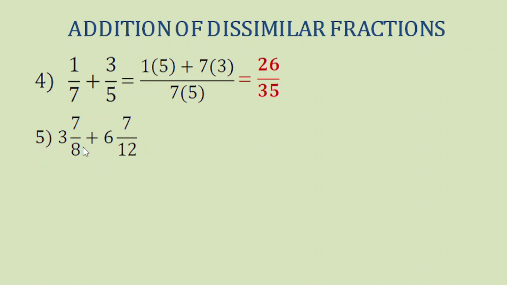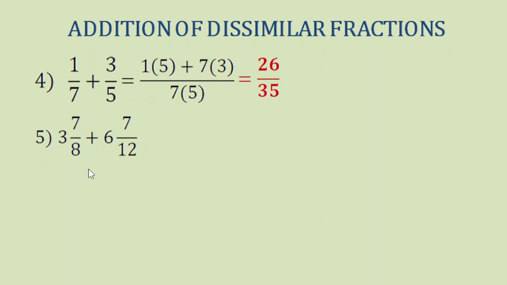Now how about item number 5, 3 and 7 over 8 plus 6 and 7 over 12. Here we cannot apply cross multiplication because the fractions have whole number parts. So in this case, we are going to find the LCD. There are many ways how to find the LCD, but I will just introduce one.